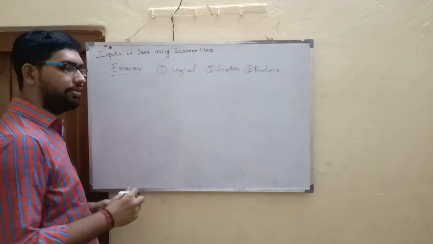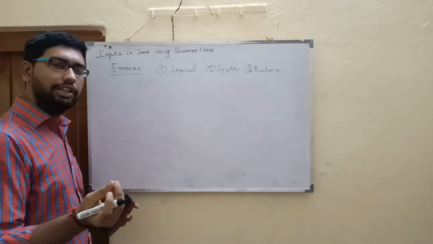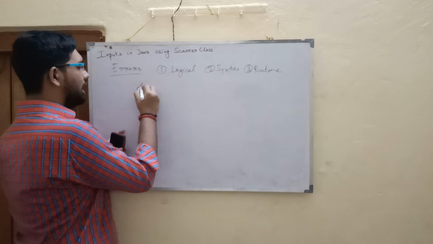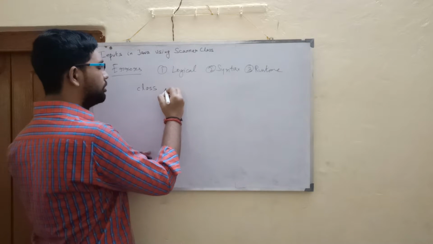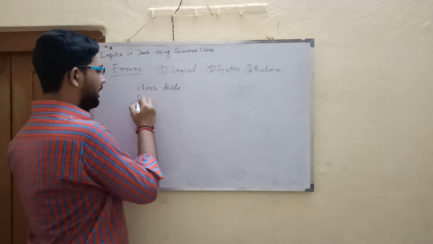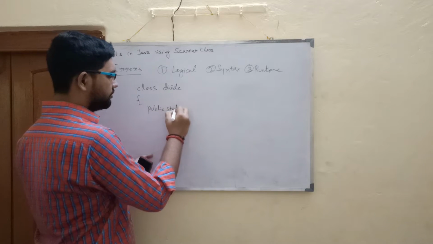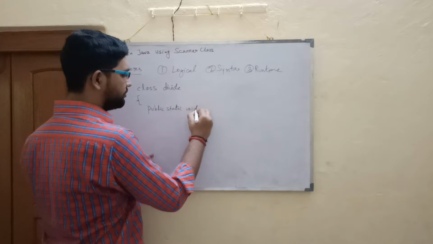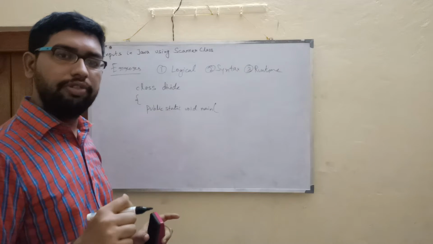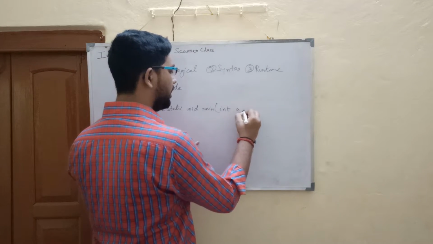Suppose I write a small snippet, a small program with function arguments. So class, suppose class Divide, and inside that I write public static void main, and inside main, int a, int b.